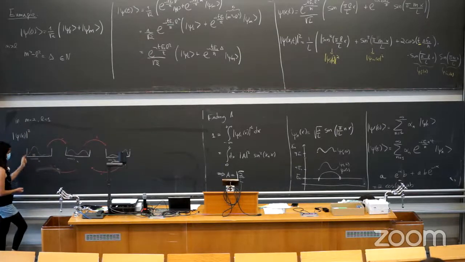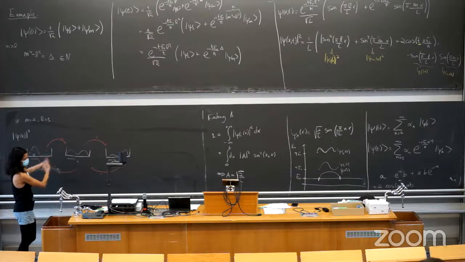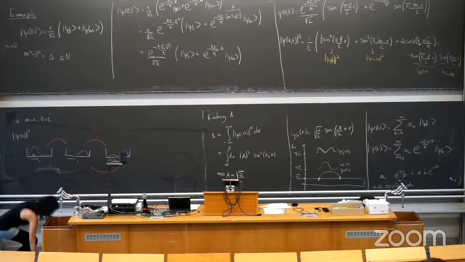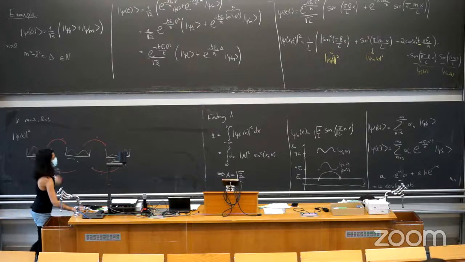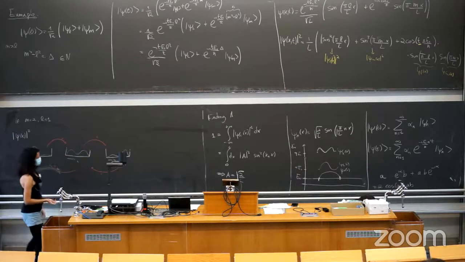And if you see any kind of movement, it comes from the evolution of the superpositions of the eigenstates. And the process is exactly the same as for the interference case, but because the waves look different, the interference looks different.